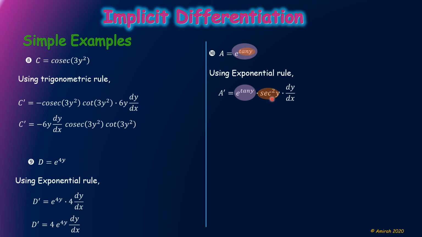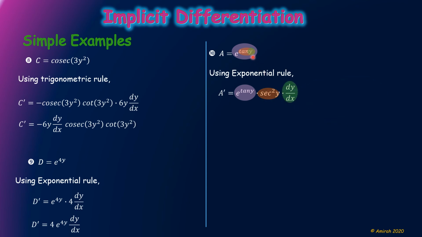It becomes sec squared y. This comes from the formula: derivative of tangent single x equals sec squared single x. So when we differentiate tangent y, we replace x by y, so it becomes sec squared y. Alright?